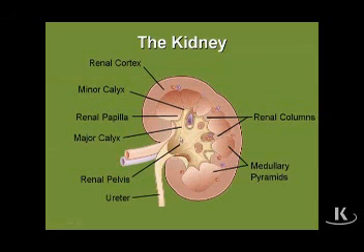The important anatomical feature to note here is that as that urine is moving in this direction, it's going from smaller to larger to larger to larger diameter structures, with the minor calyces larger than collecting tubules, major calyces larger than minor calyces, renal pelvis larger than major calyces. So that means that it's not possible for a renal stone, a renal calculus, to get impacted, get stuck, as it goes from smaller to larger diameter structures.